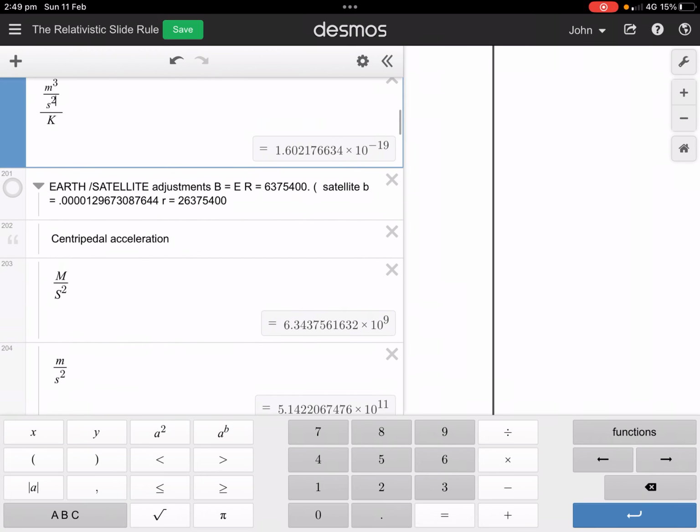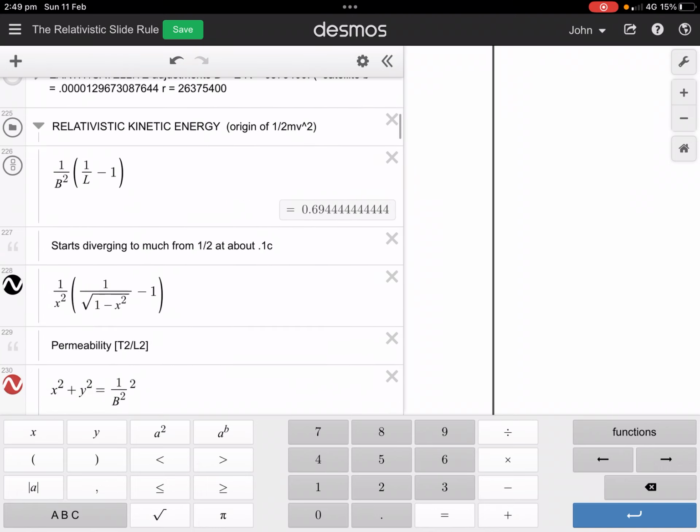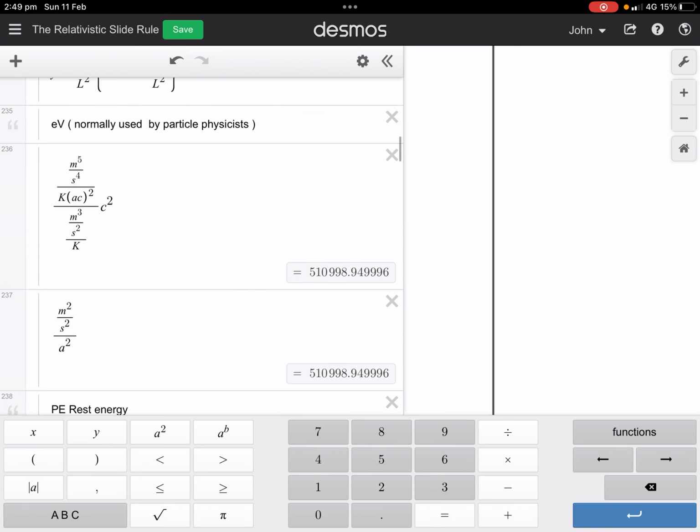Okay, now let's go down to relativistic kinetic energy. Normally particle physicists work in eV, so that would be the mass of the electron over the charge times speed of light squared. So there it is.